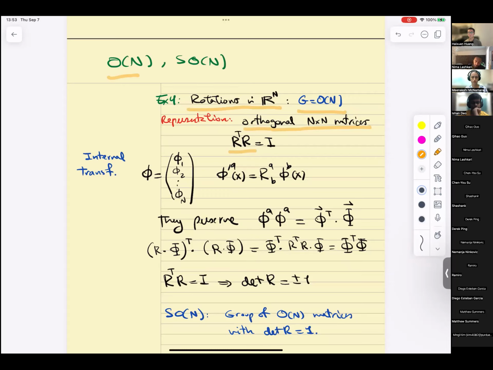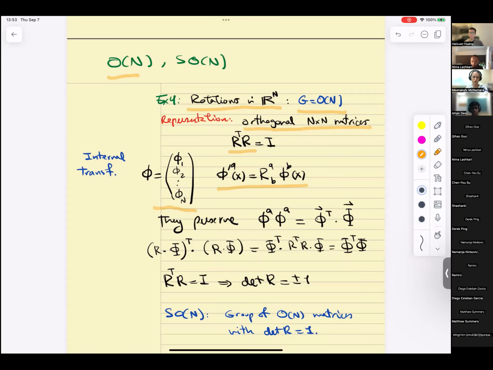Right? How? Let's say you have n copies of the field. This is some sort of internal transformation that at every point rotates the fields among themselves. So it's a rotation in the field space, right? This was an example in the case of the complex scalar we saw, and SO(2), right?